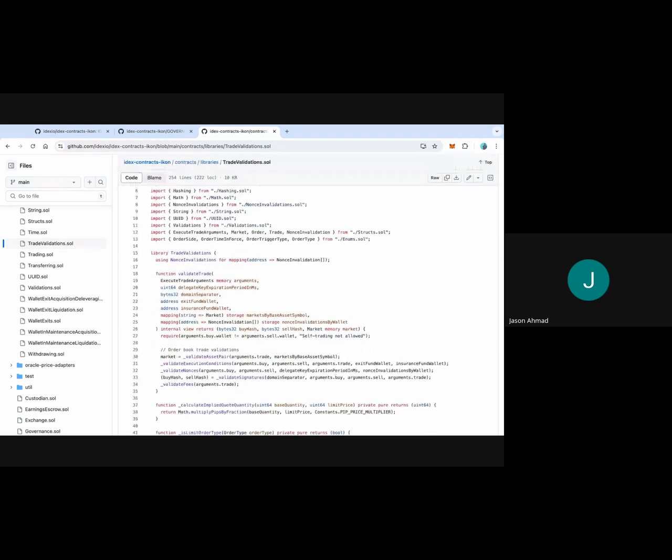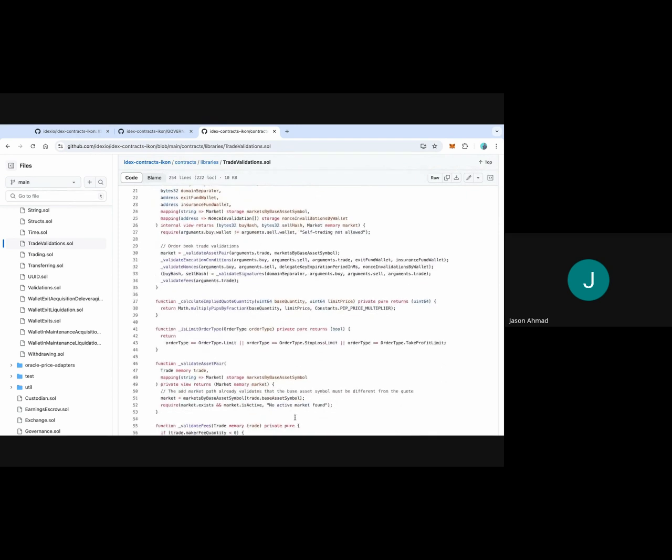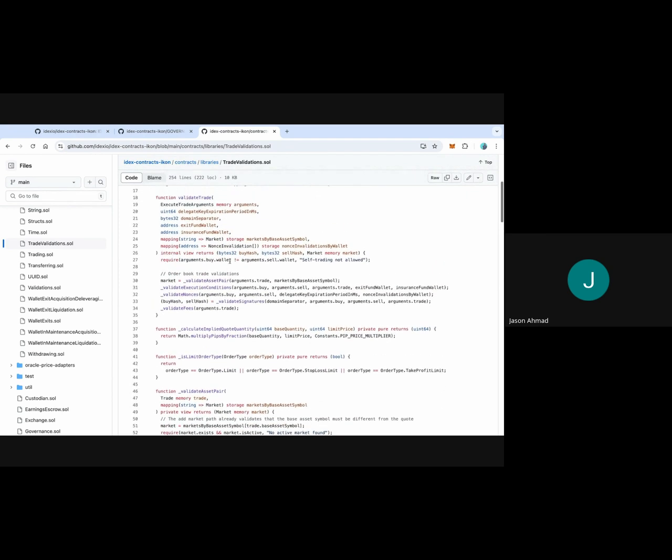So as a result, we can prove that all the elements of the settlement match the terms of the order. And you can see how this ultimately plays out in the way that this library is structured. So first, we're verifying the asset pairs, then we're verifying the execution conditions, then we're verifying nonces, signatures on the orders, and fees.